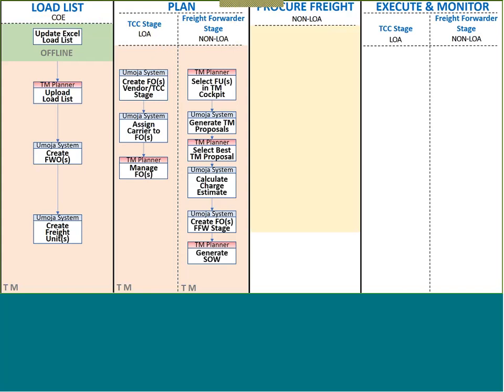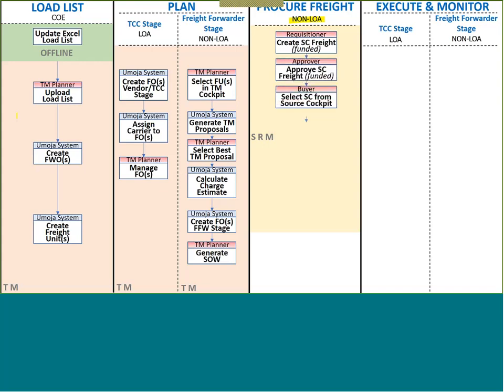Okay, so the procure freight stage, if you see here at the top, again, we're only focusing on the non-LOA, of course, for the X-Works, because for the DAP, we don't need to do that. The troop contributing country would take care of that transportation. So again, this would be the same process as yesterday. We'd have to create the shopping cart for freight, approve the shopping cart, select the shopping cart from the sourcing cockpit, create the solicitation, and again, as Leandro mentioned yesterday as well, the process is the same as it is now.